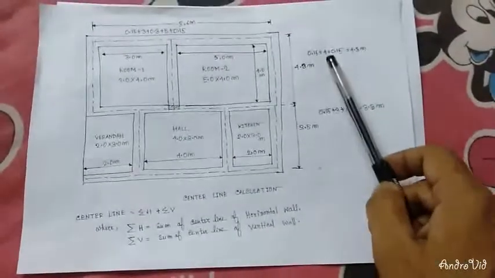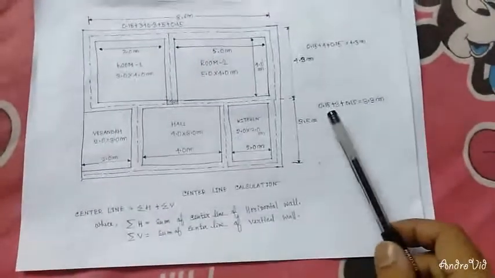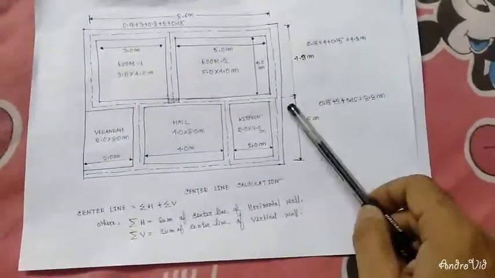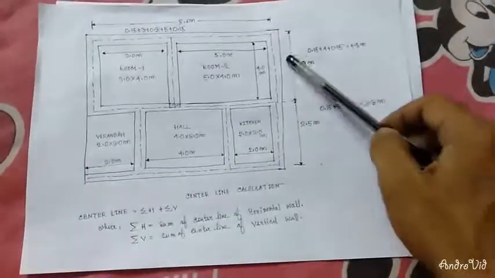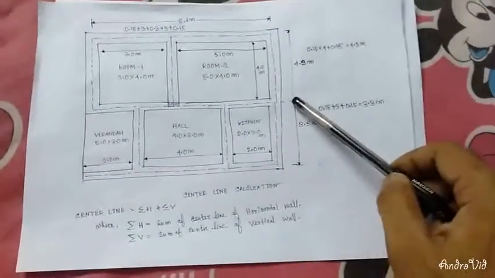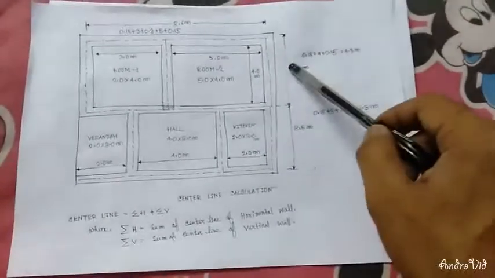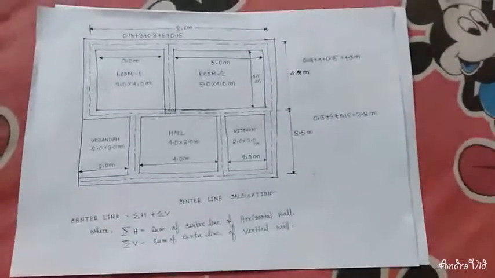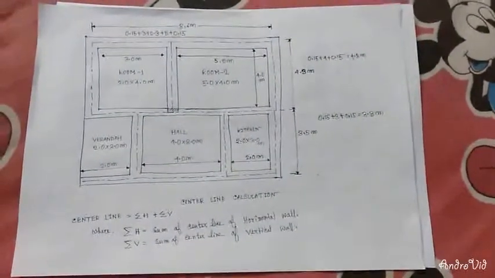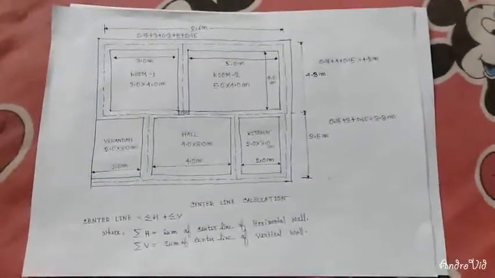So plus 4 meter, plus again half of the wall thickness, because we are dividing the total vertical length into two parts, so again plus 0.15. So for the first part, the total vertical center line length is 0.15 plus 4 plus 0.15, that is 4.3 meter.